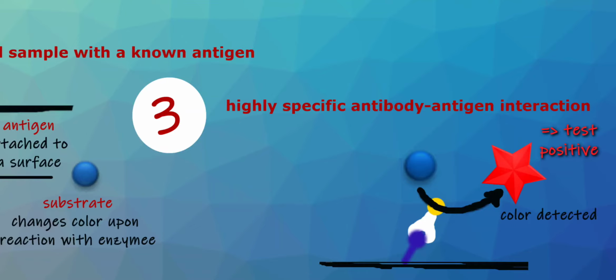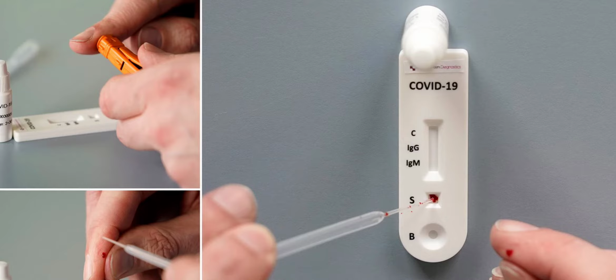At the same time, we are just going to see the rapid test kit. The same technique is used in the rapid test kit. It also works under the same principle I just explained with the antibody. We are going to see how it works and how it can be handled with this rapid kit.